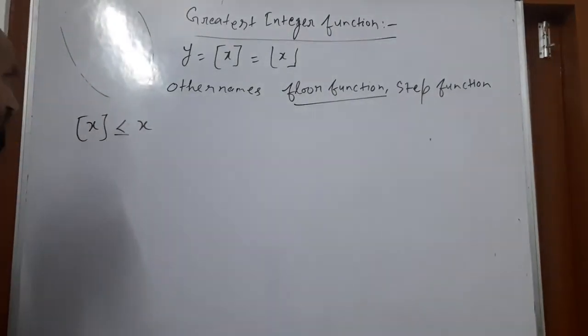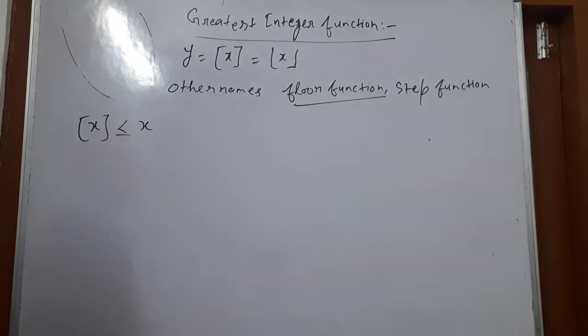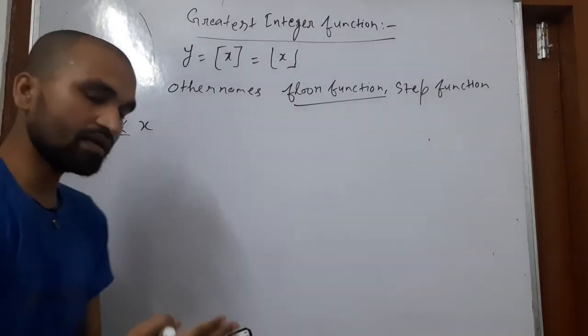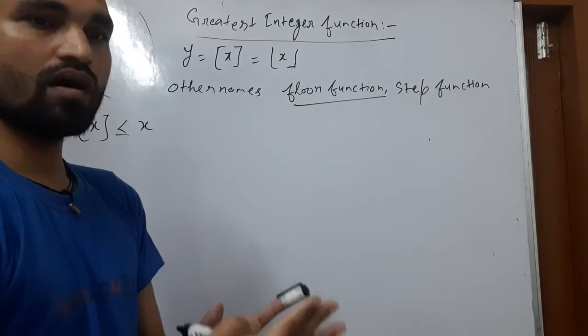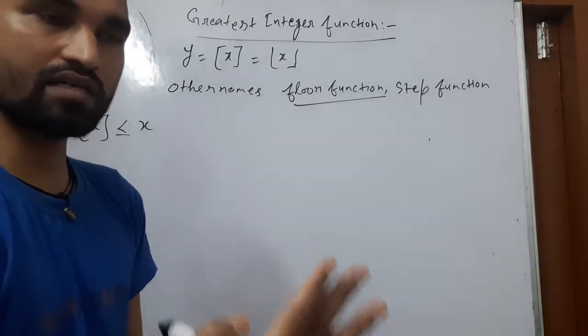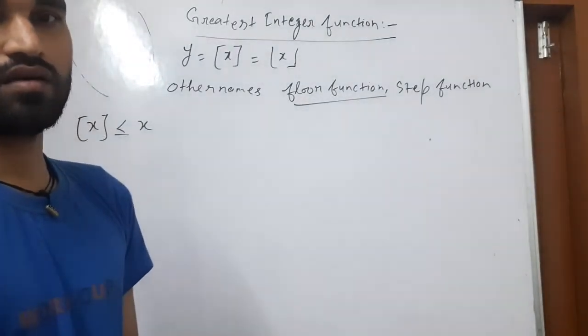Easily we can say that the greatest integer function gives exactly that particular value when x is an integer, and the left side value on the number line when x is a fraction.